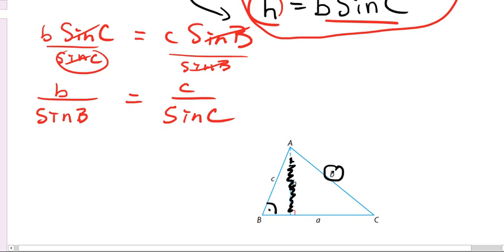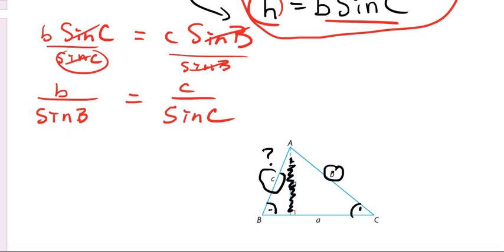So if I know this side and this angle, all I need to know is one other angle or side, and I can figure out what's missing. If I have this angle, I can figure out what C is. We're still using the trig function sine, but it's not sine equals opposite over hypotenuse.